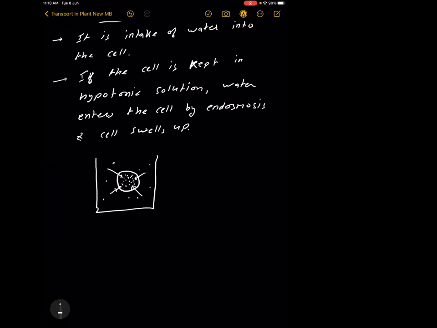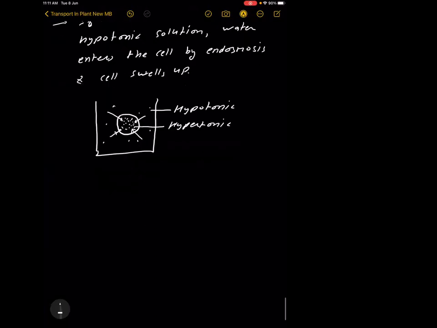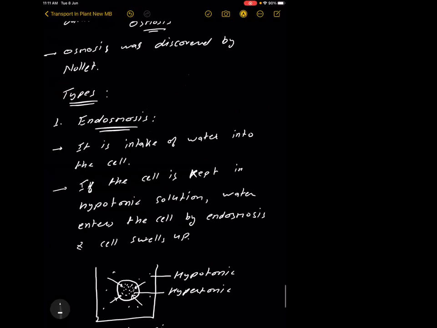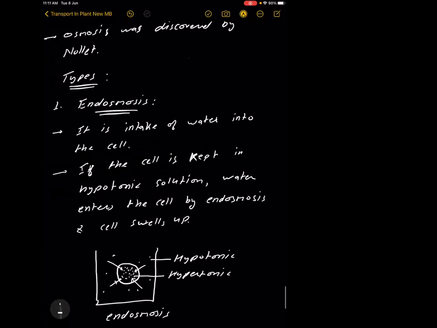That is endosmosis. Sir, can you scroll up? The cell ultimately gets turgid, right? Yes, it swells up and shows turgidity.